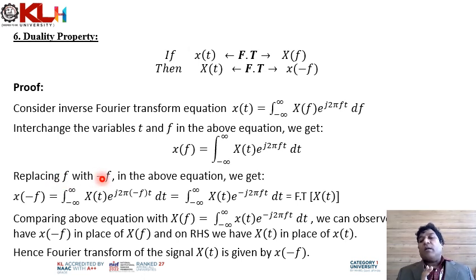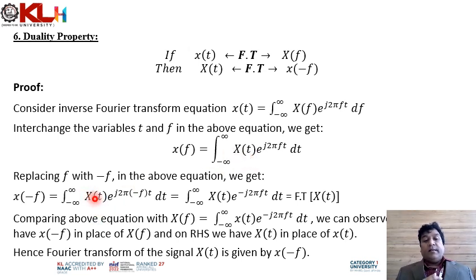So always remember, we are having these equations, and these equations are having certain symbols. The symbol t is a particular letter in the alphabet. We can always replace the t with f. Same thing, the f can again be replaced with minus f. So now we are doing the second substitution. We are replacing f with minus f. So here in place of x of f, you will get x of minus f, which will be equal to this integral. Capital X of t will stay as it is.